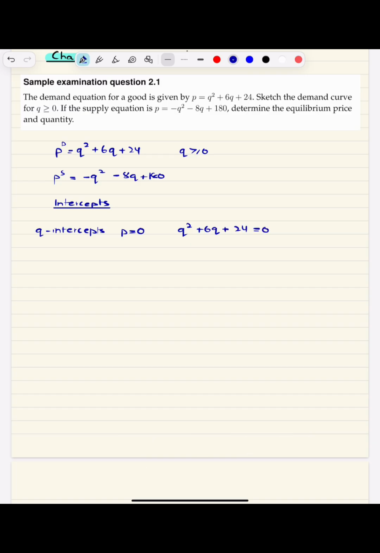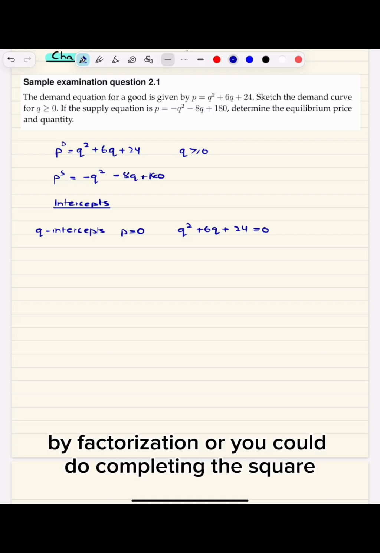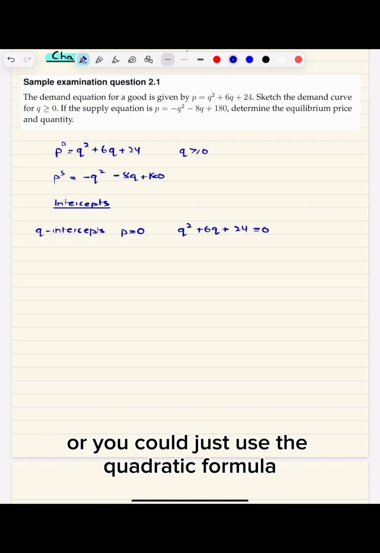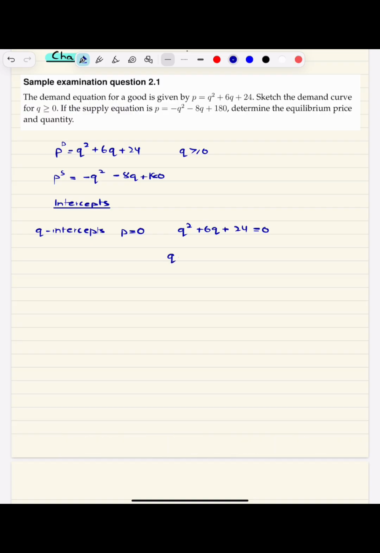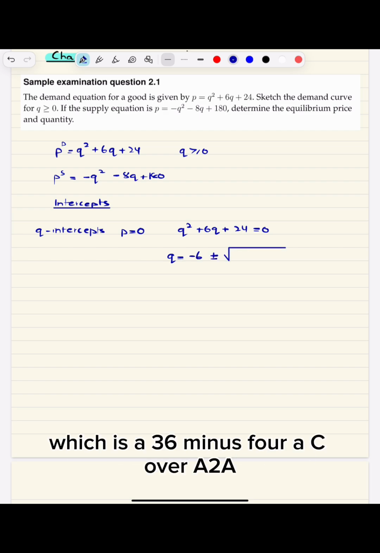You can either find the roots by factorization, or do completing the square, or just use the quadratic formula, minus b plus or minus the square root of b square, which is 36, minus 4ac, over 2a.